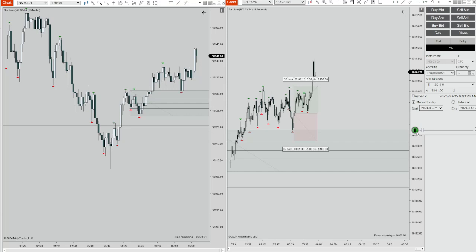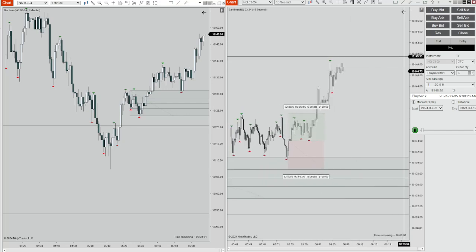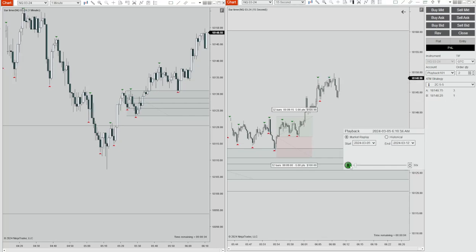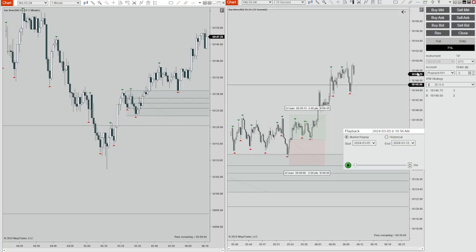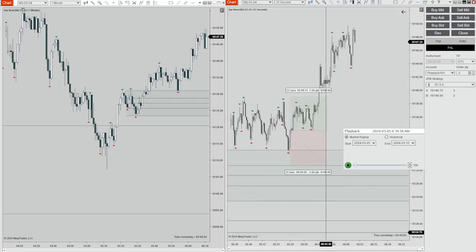So happy with that trade. And like I mentioned, price is now aligned with my narrative, and now I'm looking for my entries. Let me slow this down. Potentially, I mean, I don't like this.